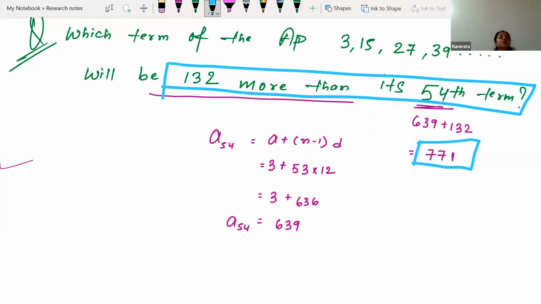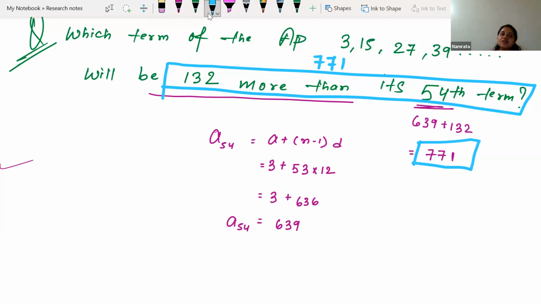The question changed: 132 more than the 54th term means 771. Rather than reading this whole rectangular box, read it as 771. You will be able to understand which term of the given AP is 771.